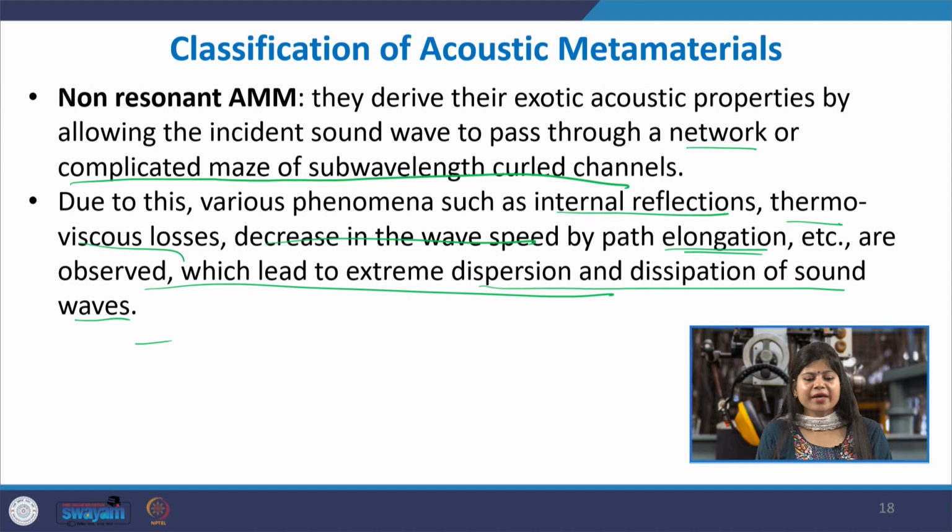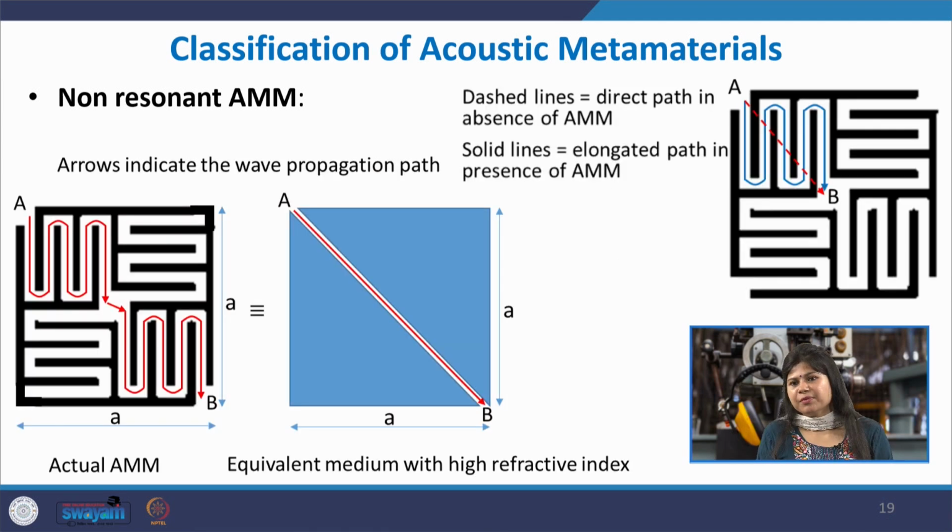Okay. So, here the resonance is not happening, rather a different phenomenon comes into place. What we do here is create various maze-like pathways for the sound waves to travel, which leads to a decrease in the speed of sound, a lot of internal reflections, a lot of thermoviscous losses, and so on.